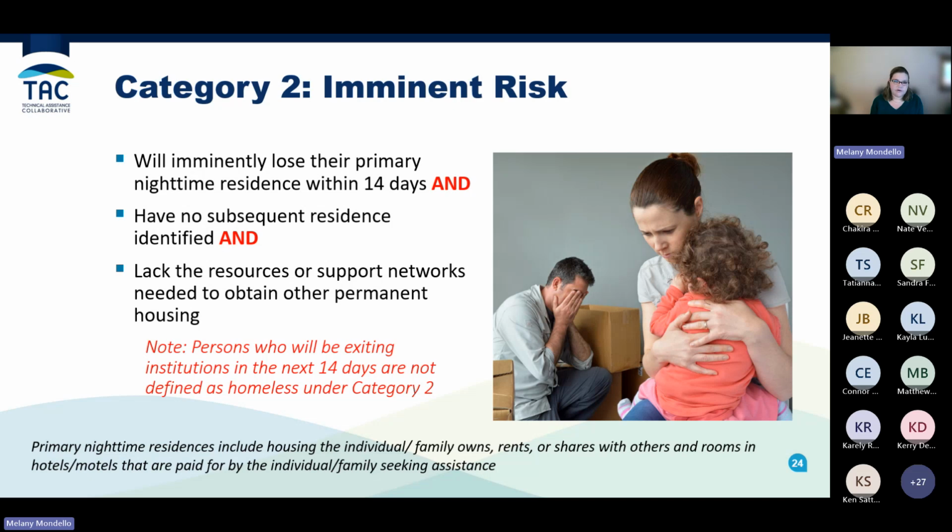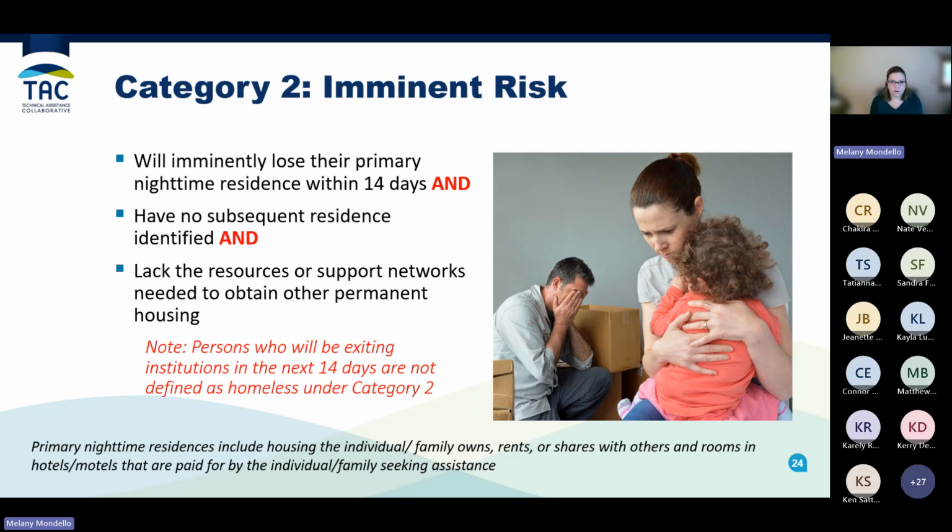And the difference between people that are just moving between apartments and people that have nowhere to go is the resources, right? Just because you are out of your unit, you're staying with a friend and you're just waiting for your new unit to be ready, but you can afford it, you wouldn't qualify under this category.